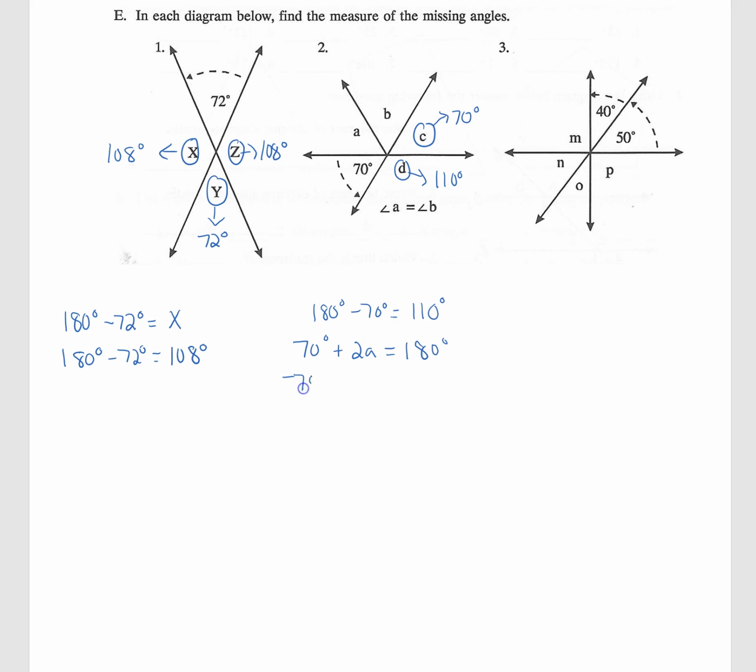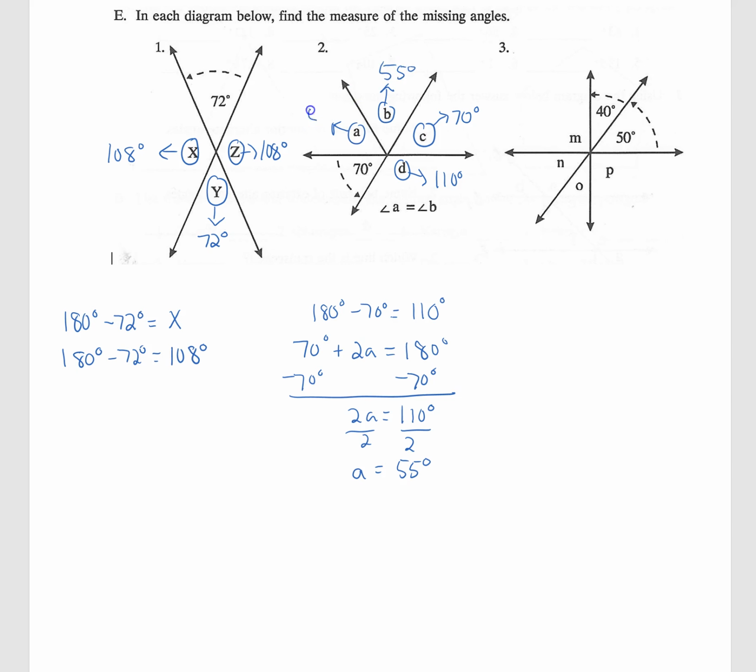So subtracting 70 on both sides gives us 2A equals 110 degrees. Divided by 2 gives us A equals 55 degrees. So both B and A are 55 degrees.